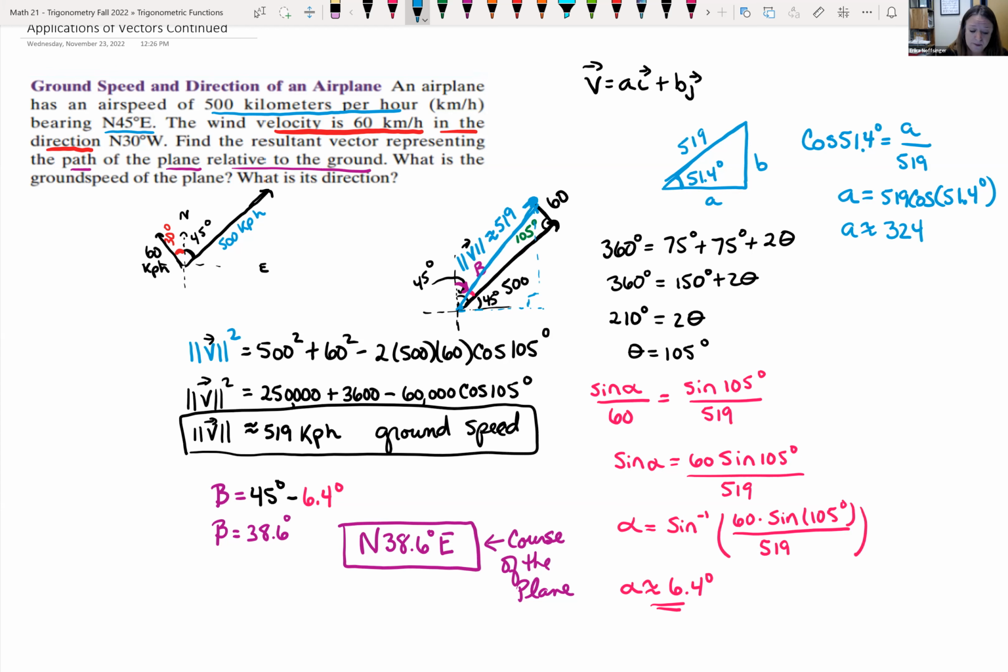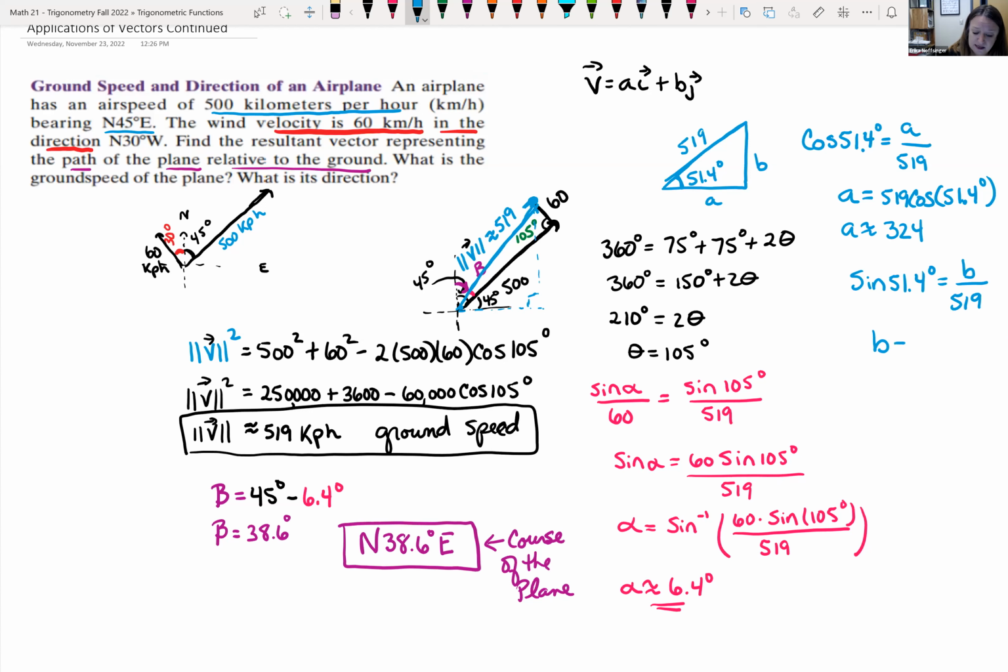And to figure out what B is, I know B is opposite of the known angle. I have my hypotenuse, so opposite and hypotenuse is sine. Sine of 51.4 degrees is equal to the opposite side B over the hypotenuse, which is 519.